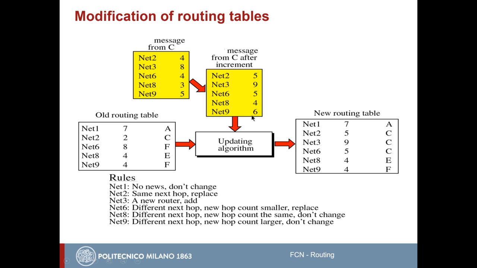Finally, net 3 was not present in the routing table, so the node will add another entry, taking the information received from C. This entry will be 9 and C. This is basically what happens when you have an incoming distance vector.